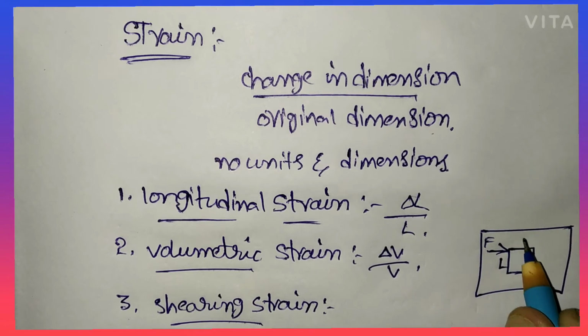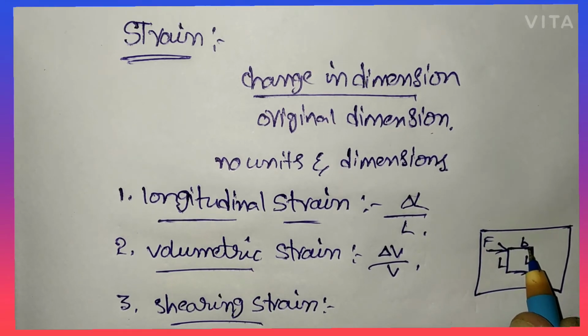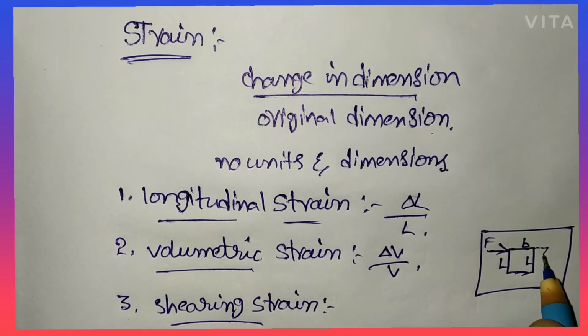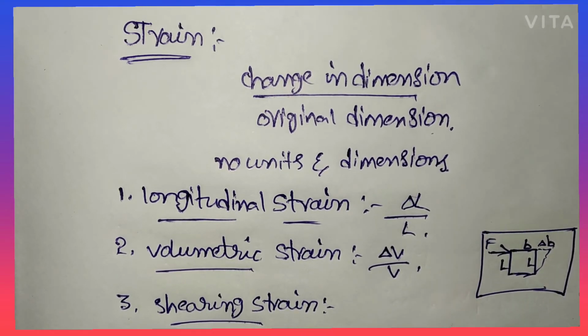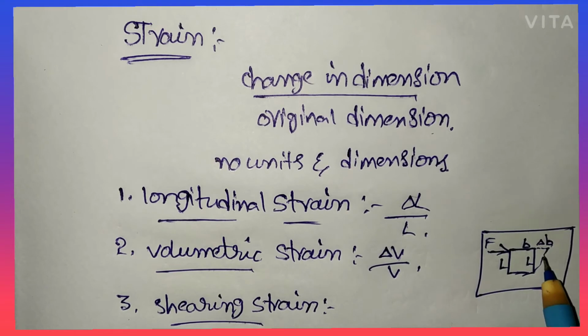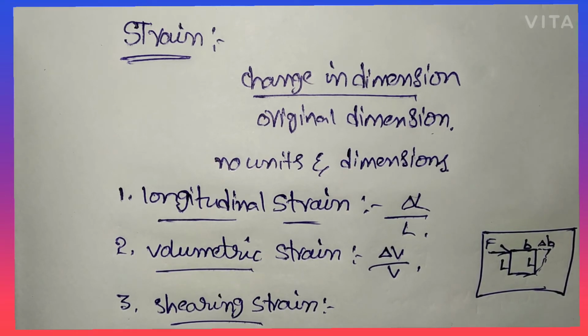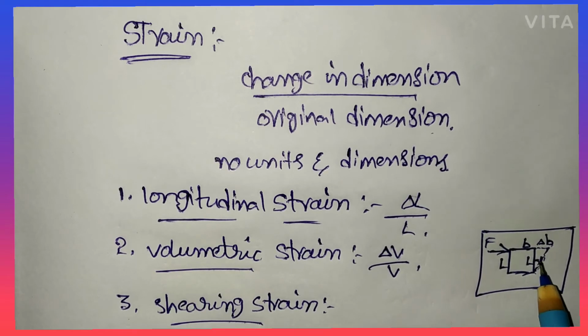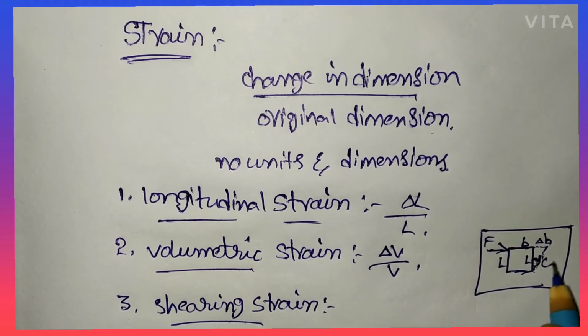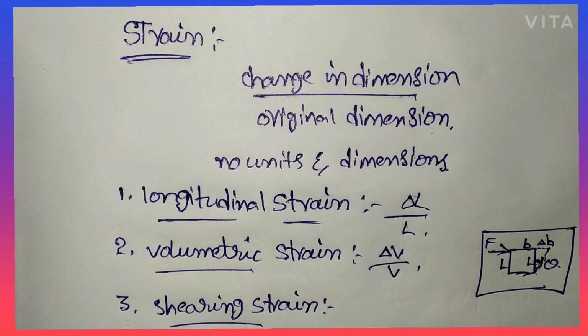If it is B, then delta B increased. So that means it is making an angle theta. This tan theta angle is known as shearing strain.